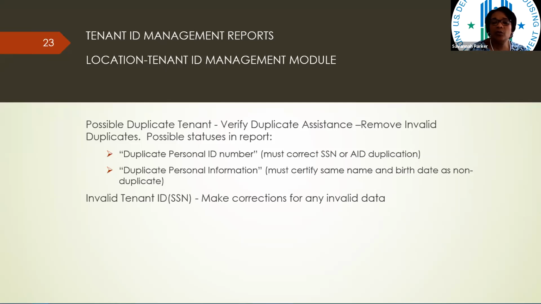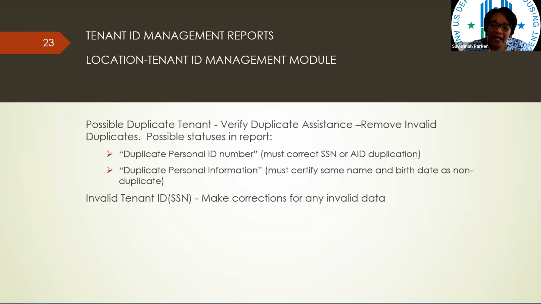Well, the first thing you want to do is look at the tenant ID management report, because if that head of household is flagged on this report, then you can fix the Social Security number in the tenant ID module.